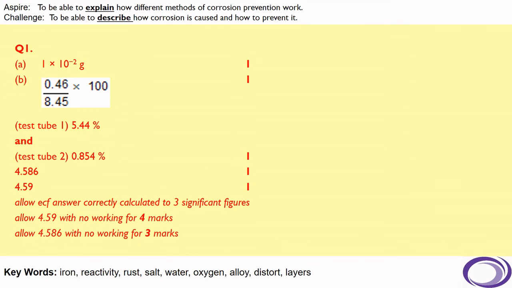So essentially you're then calculating the difference between those two percentage changes, which would give you 4.586, but to 3 significant figures that would be 4.59.